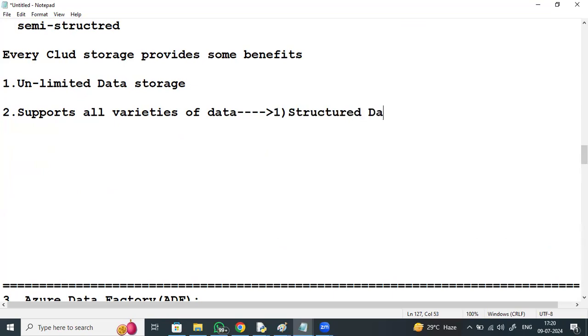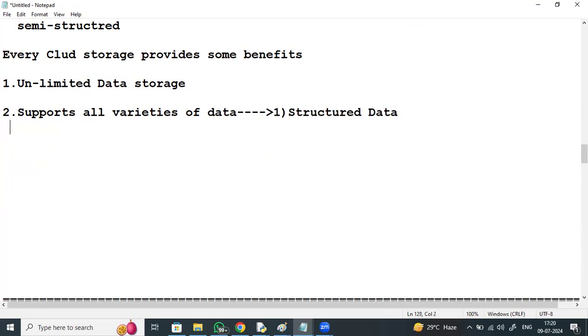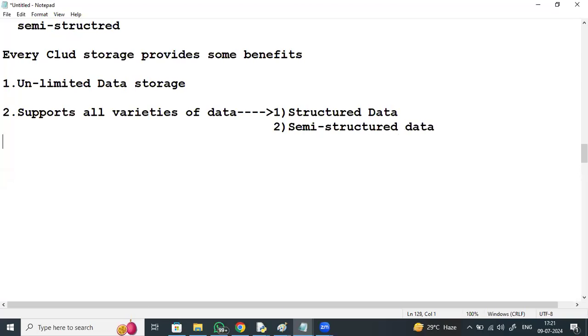Structured data, semi-structured, unstructured. Structured data is like database tables and Excel files.